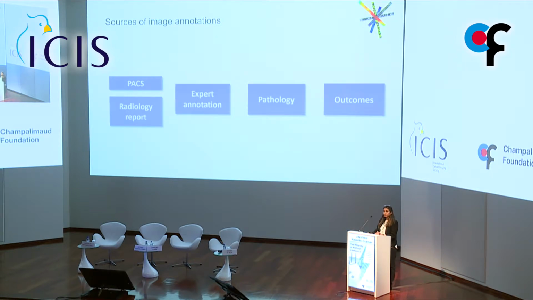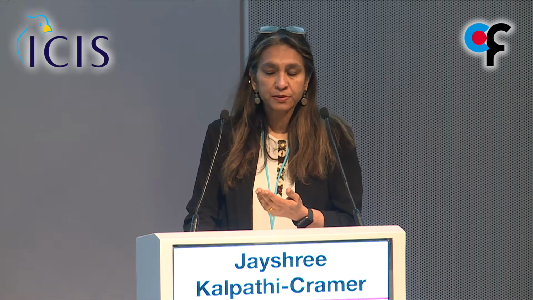Some of this, of course, when you're relying on the experts to provide the annotations, is in some ways an opinion, not necessarily the ground truth. So potentially we might want to go into the pathology report, for instance, and see if there was a biopsy that was done. That may be a better ground truth than just an expert opinion as to the ground truth.